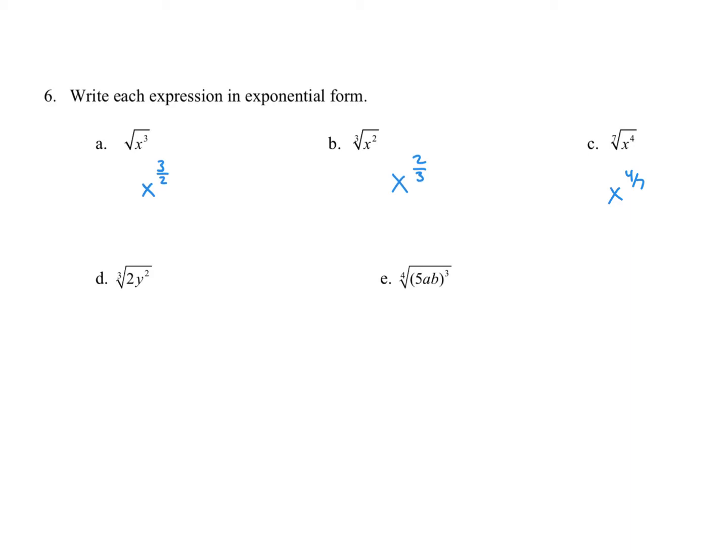And in part D, since we have 2y squared with a cube root around the whole thing, I'm going to write that with parentheses to the 1/3 power. And that 1/3 power can be applied to each thing inside. So I could also write this as 2 to the 1/3 y to the 2/3.